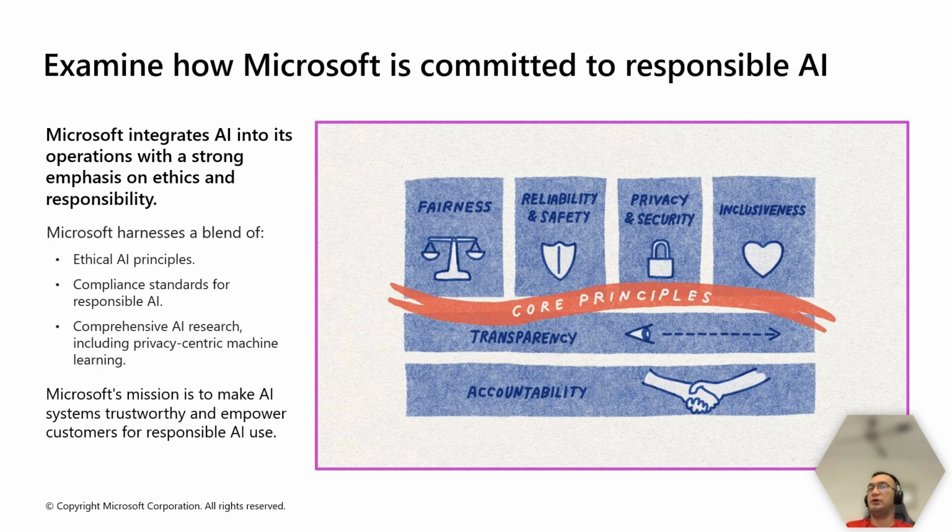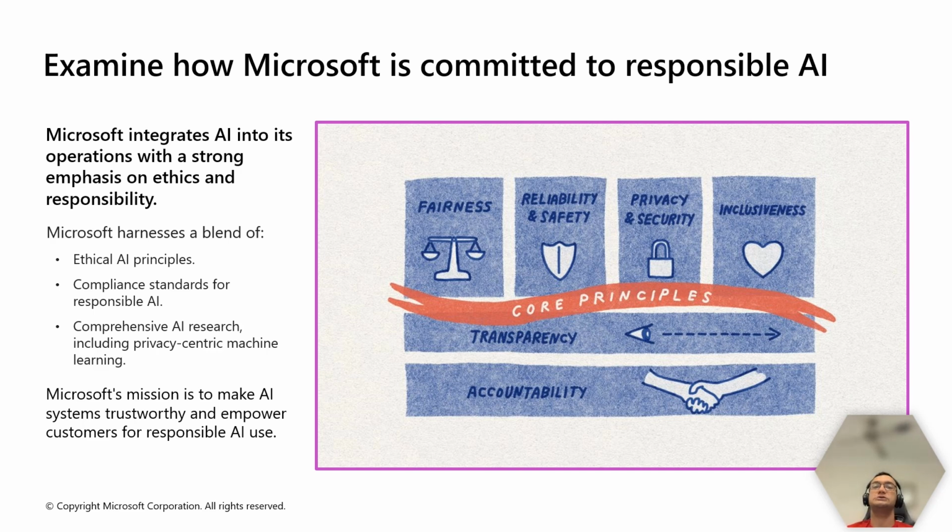And this is one of the most important parts of using AI. The second thing, reliability and safety. They offer rigorous testing to ensure consistent and safe AI performance all the time. Then we have privacy and security. That's the third part of the responsible AI commitment of Microsoft.